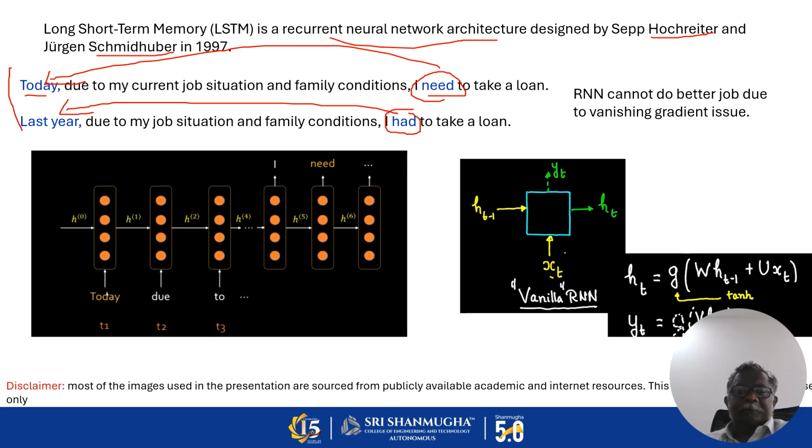Suppose if you look at this sentence, today, due to... all will go into a hidden state. So this hidden state will have many neurons. This is one neuron, and this is another neuron in the state. It takes the value from the previous hidden state and the current input features.